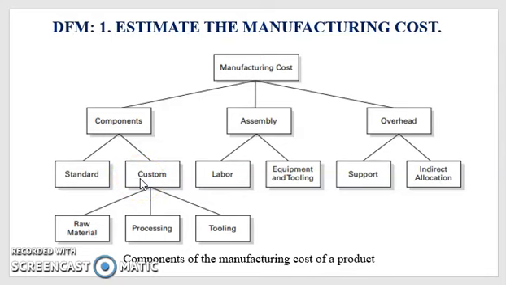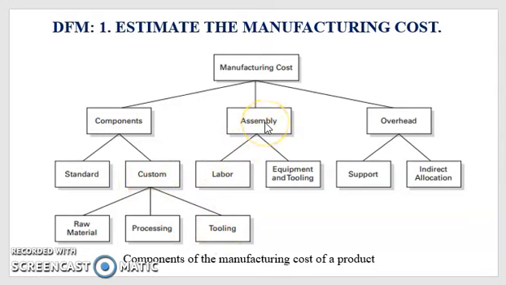Some examples of custom parts are sheet metal work, frame or structure, aluminum bar, etc. Some custom components are also made by the manufacturer in their own plant, and some are made by subcontracting to other firms. In the custom part, the cost is associated with the raw material, processing, and tooling.